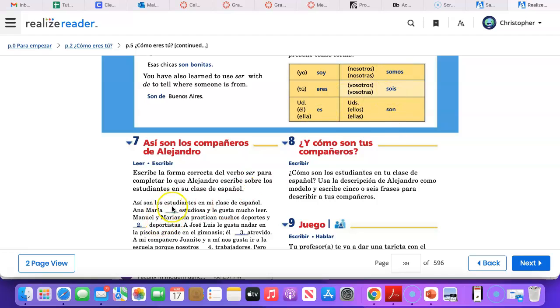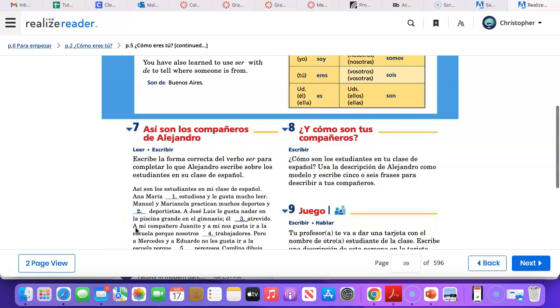Somos is we, but we're not included. So the only form that we could use here in this case would be son. Ellos son. And ellos because we have a mixed gender here. Manuel y Marianela practican muchos deportes y son deportistas.